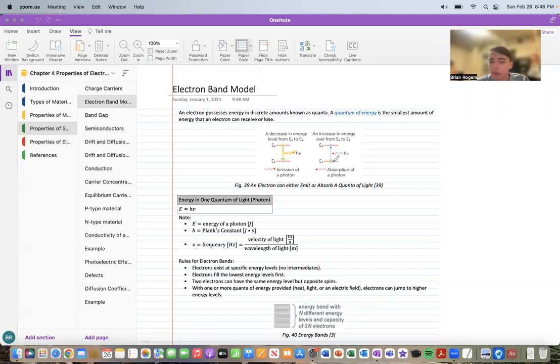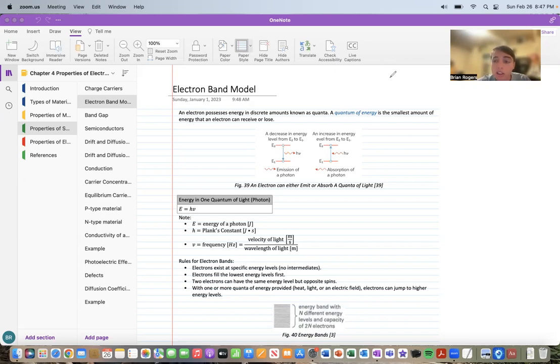Whereas when an electron goes to a higher state of energy, it has to receive energy in order to make it to that higher state. So it absorbs a photon, which is a light particle, and light has energy. You can think of the sunlight. It has energy. It can power solar panels.